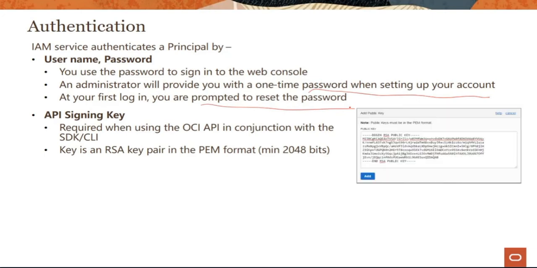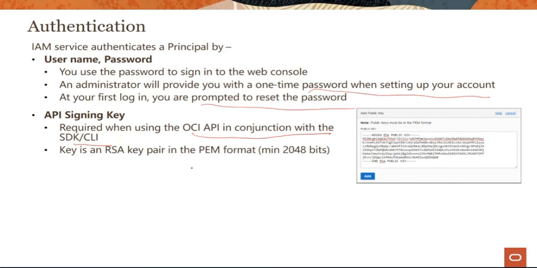The second authentication mechanism is the API signing key. You use it when you are using the Oracle Cloud Infrastructure API in conjunction with the SDK or the CLI. When you're running a command line interface and running commands, you are basically using the API signing keys to authenticate who you are and from where you are running the CLI.